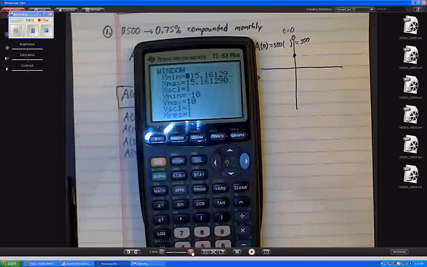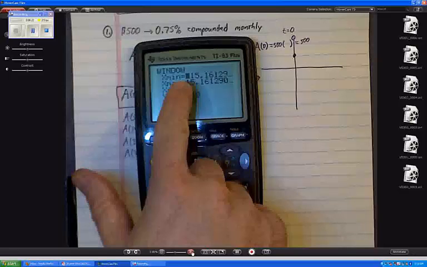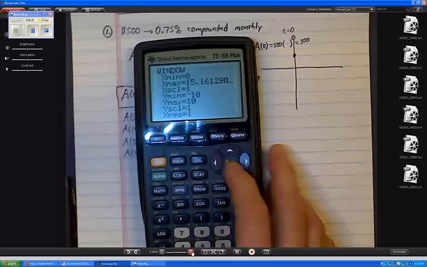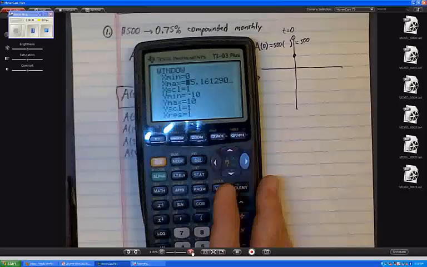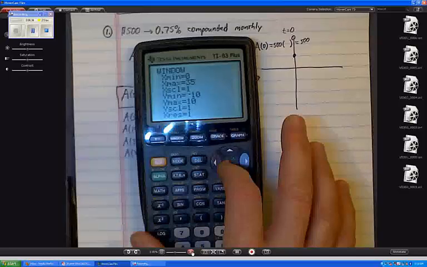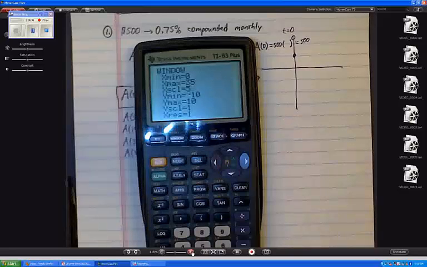And so, well, I haven't talked about x's yet. But let me talk about that now. I guess the smallest x value I need is, say, 0. And the largest x value I want, well, they want me to go up to 35, right? And why don't I put a mark every 5 so I can keep track? So x scale is going to be 5. And now y min, well, I guess I'll put 0.